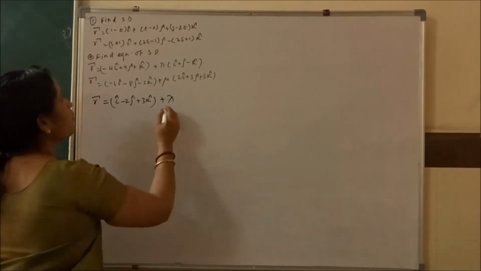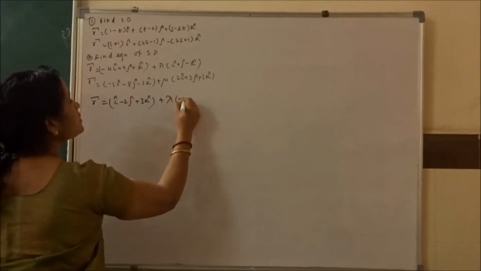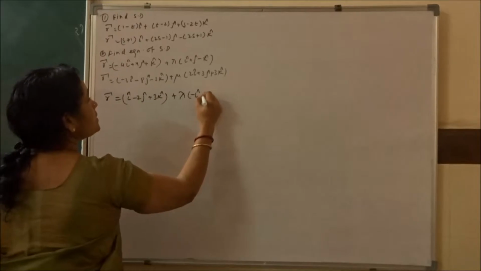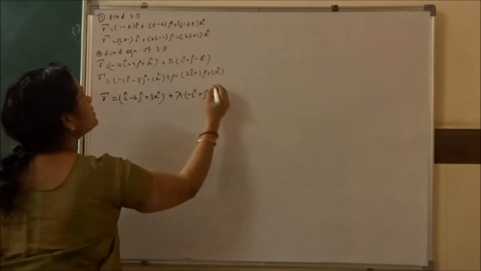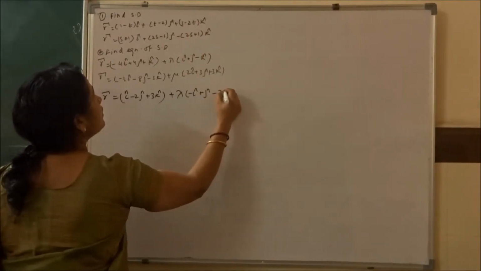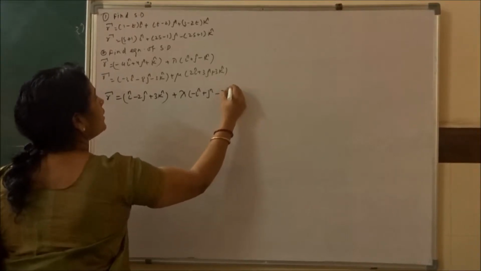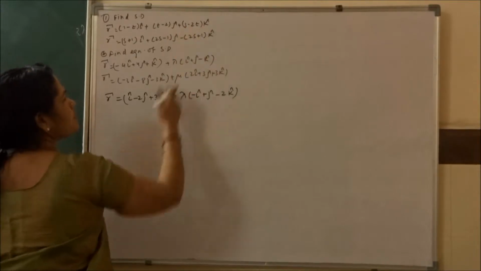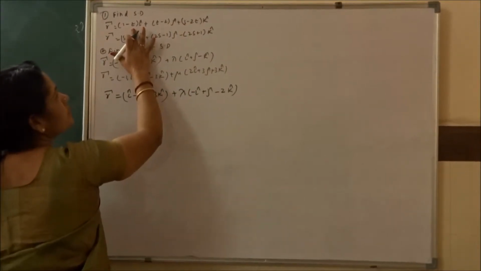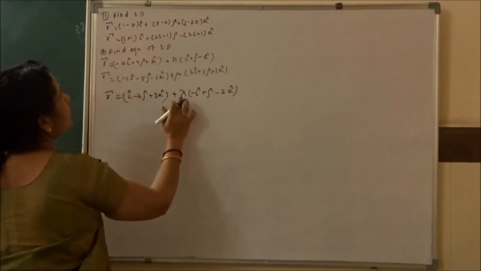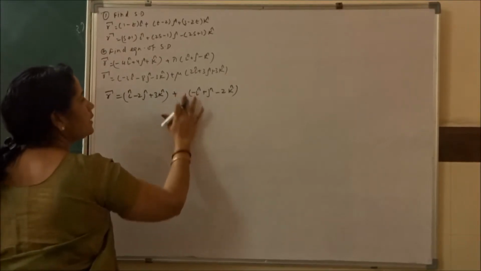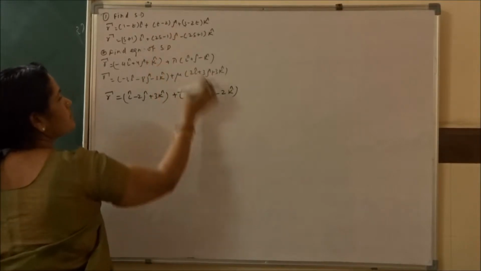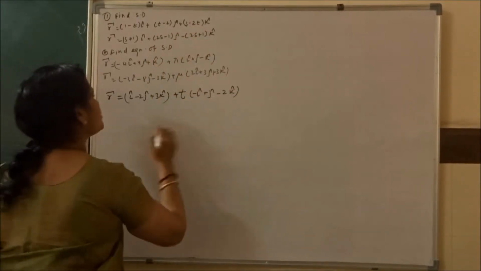So plus lambda into the remaining, we have minus i, then plus j, and then minus 2k. Once again, I have written i minus 2j plus 3k and lambda into, instead of lambda they have given t. So t into minus i plus j minus 2k.